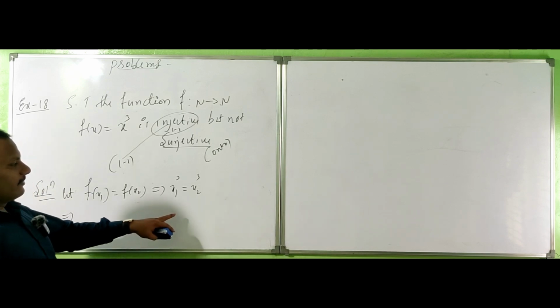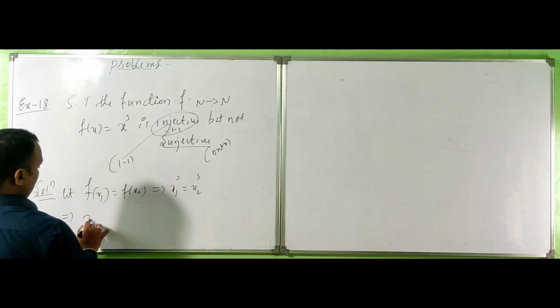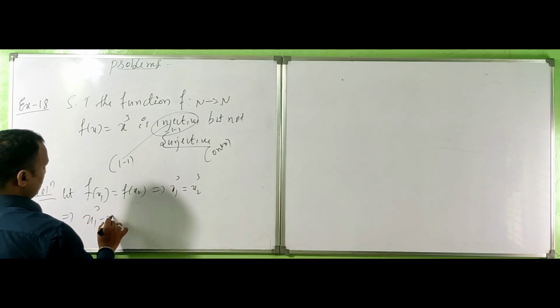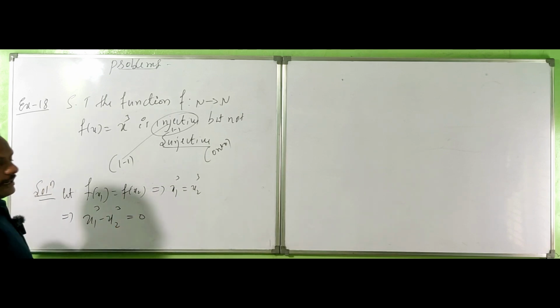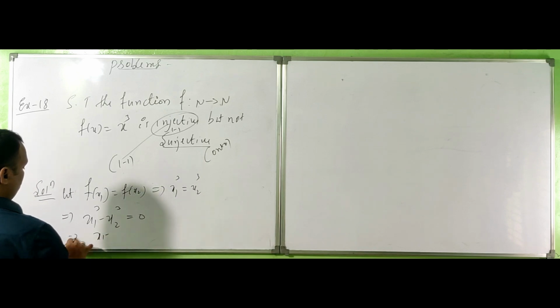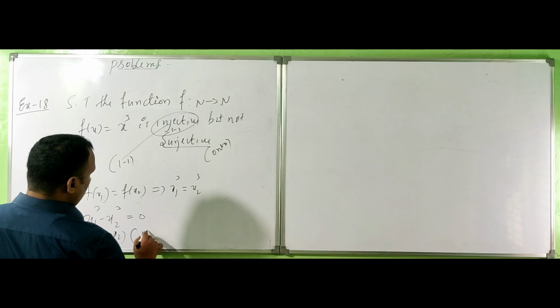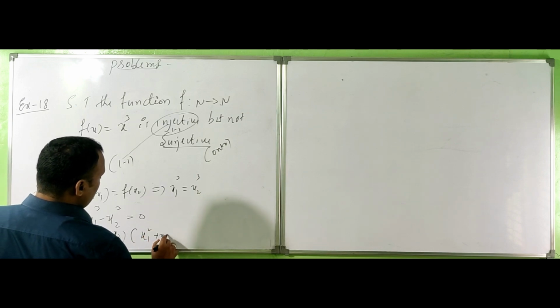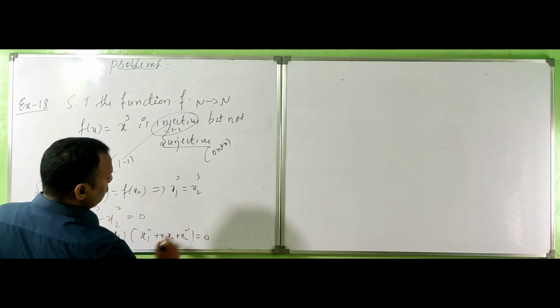So I am taking x1 cube minus x2 cube equal to 0. By the a cube minus b cube formula, this implies x1 minus x2 into x1 square plus x1 x2 plus x2 square is equal to 0.